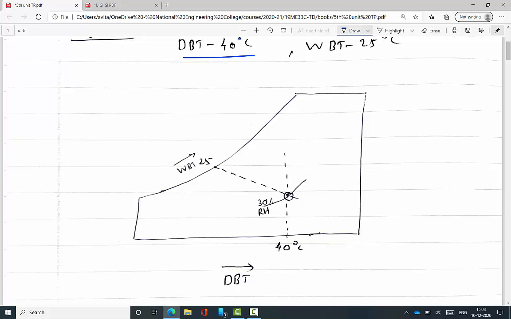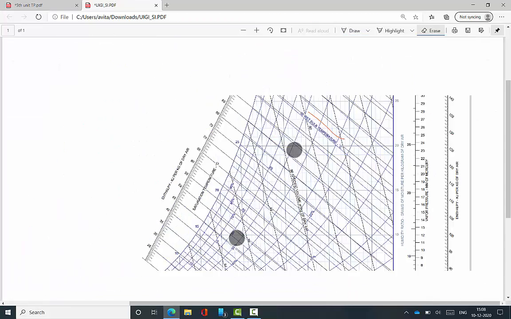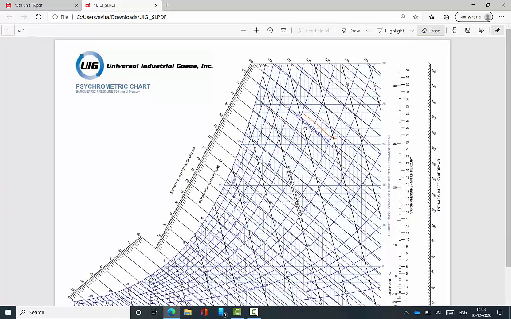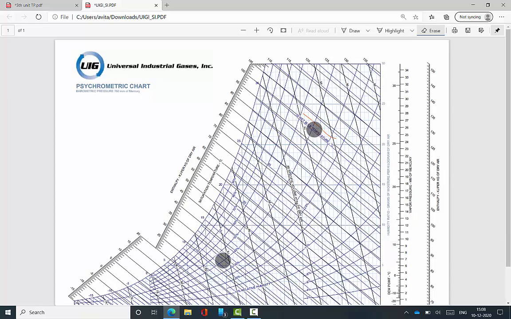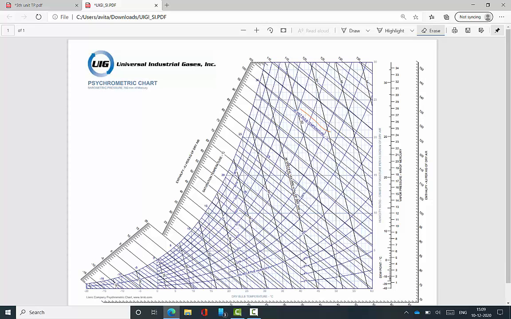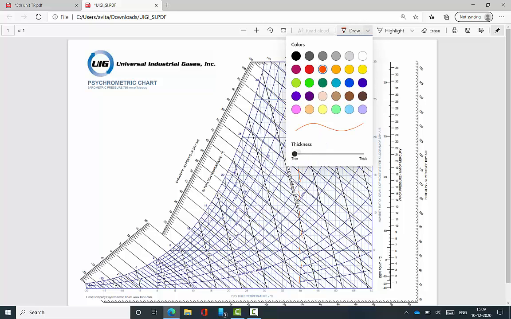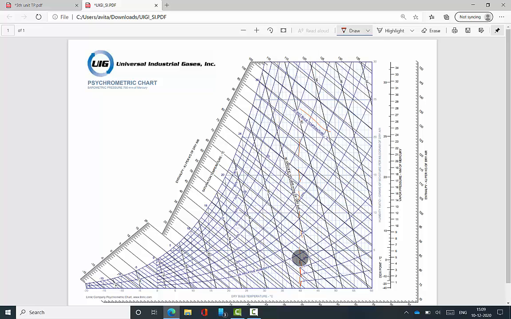Therefore, on the dry bulb axis, you take 40 degrees Celsius and draw a vertical line from 40°C.